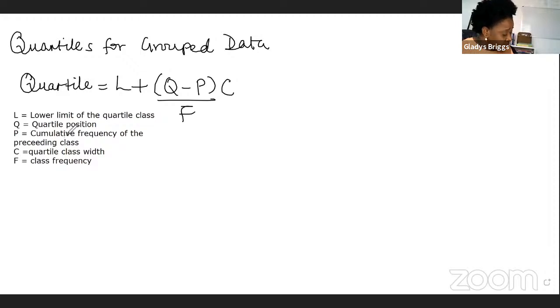The first thing to do is to find the quartile position. Actually, I think that should be step two, because you need to get that from the cumulative frequency.